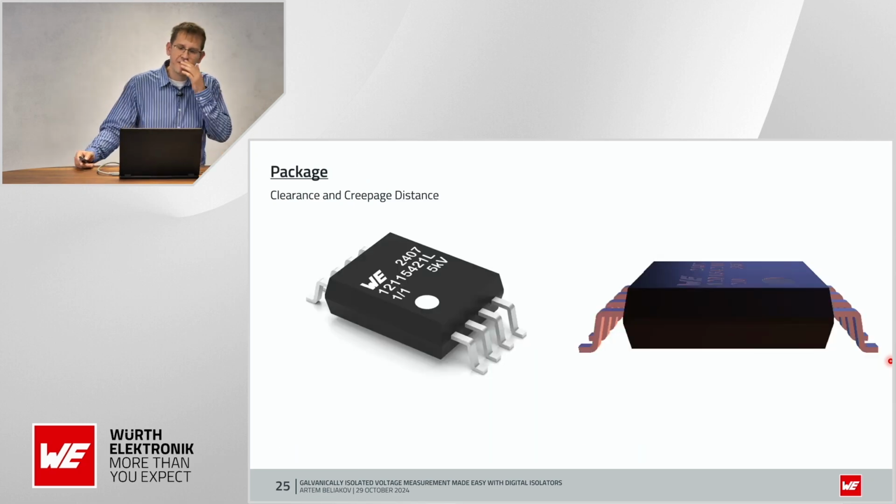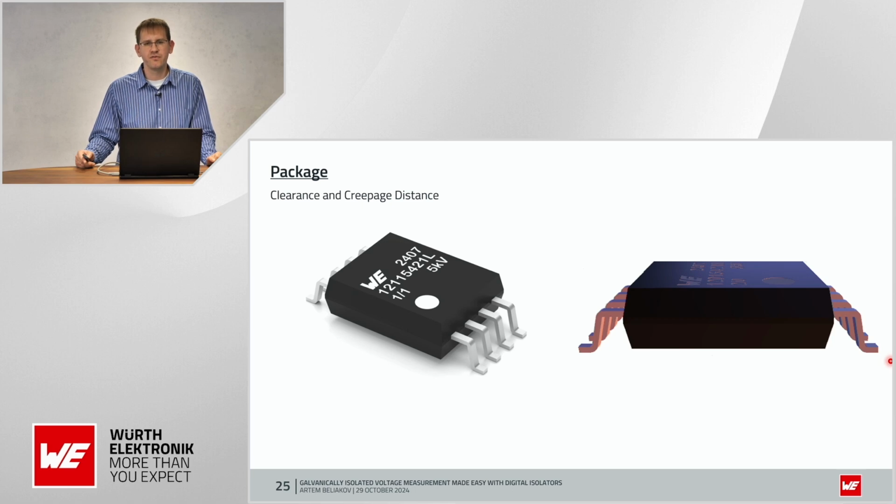Okay, when we talk about safety, we cannot forget about clearance and creepage distance, because clearance and creepage distance are closely related to isolation voltage and play an important role in preventing arcing and ensuring the safety of the isolator. As you can see here, creepage is the shortest distance across the surface of the package between two conductive parts of an isolator.